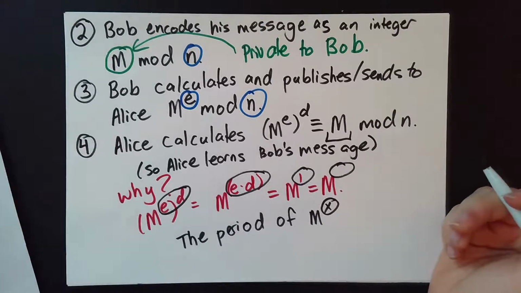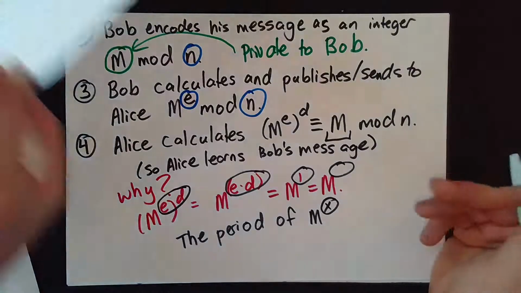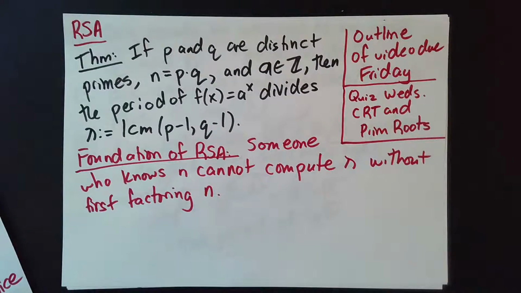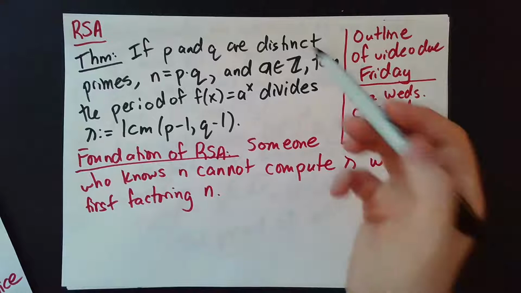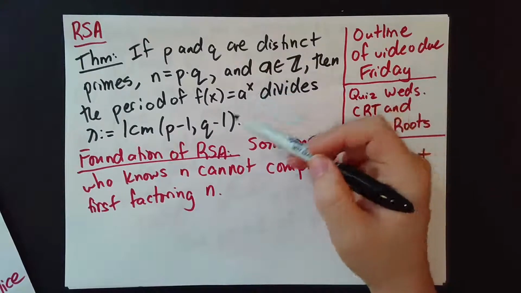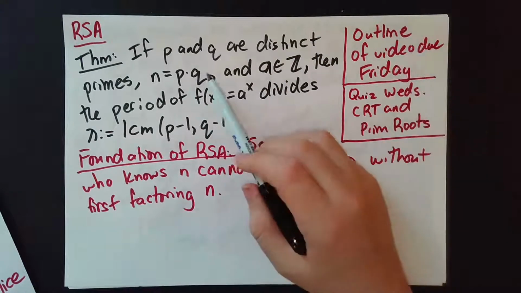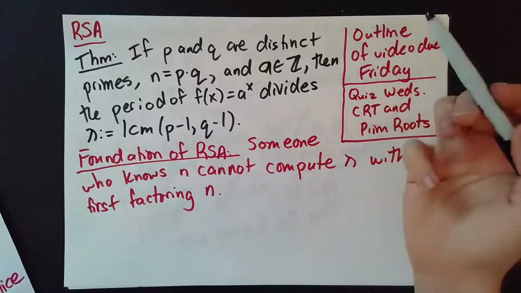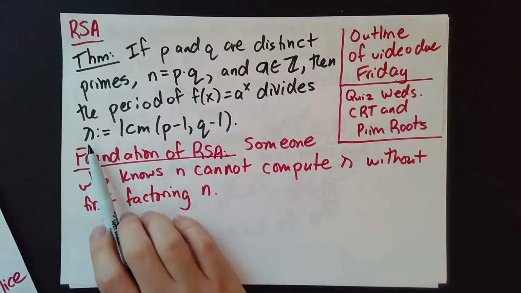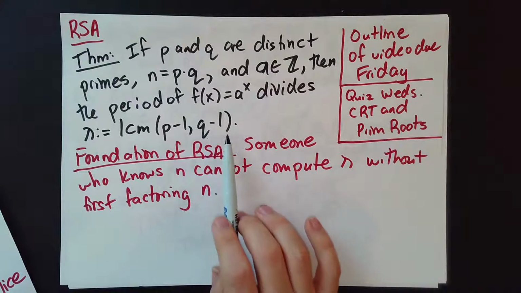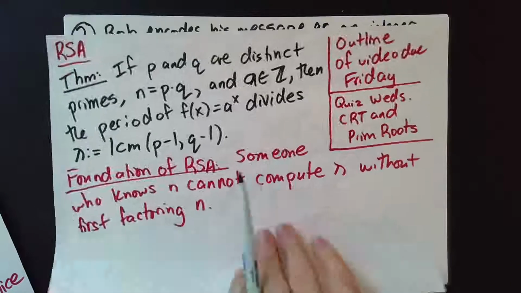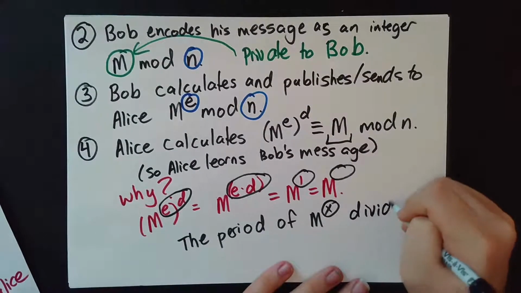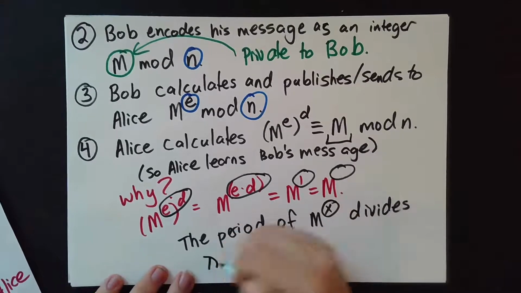And this is why, before we could talk about RSA, we had to talk about this theorem that tells us what the period is of some exponential mod p times q. And in this case, that period, we know it divides this lambda, the least common multiple of p minus 1 and q minus 1. So this divides lambda.